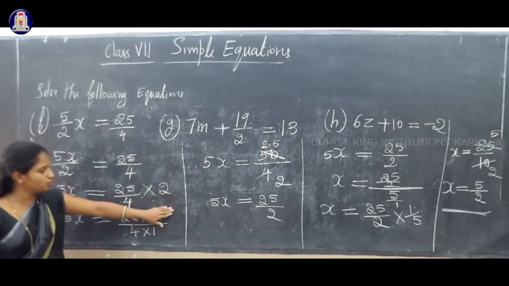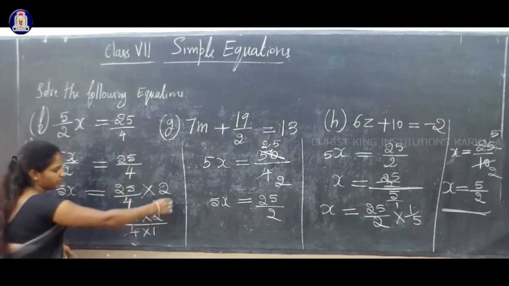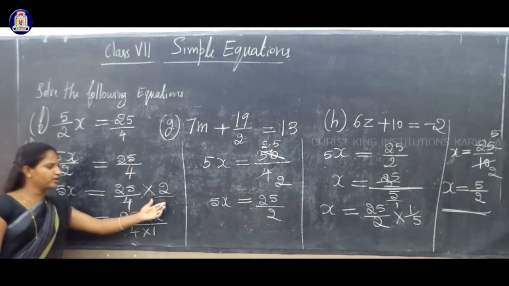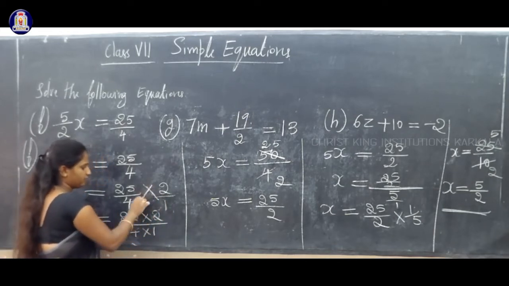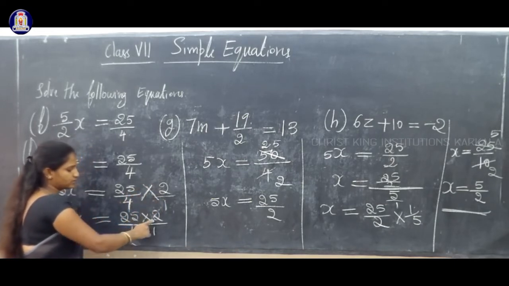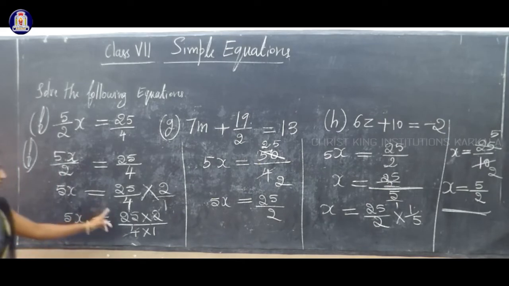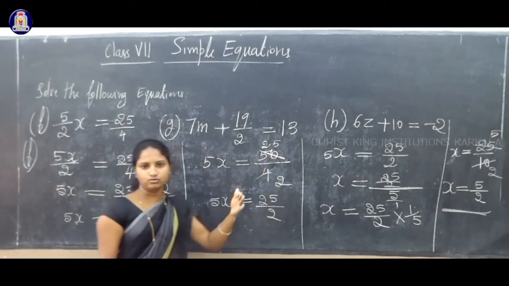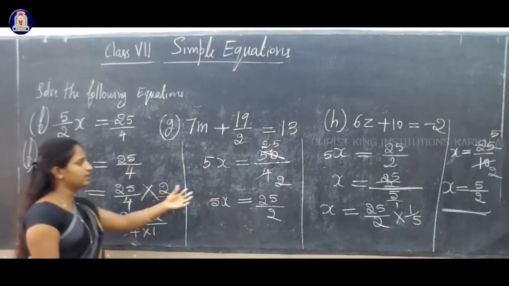Actually that is 2, but there is no denominator, so you can write 1 in the denominator. That is only for the calculation. Clear? No need of writing this, but for multiplication it will be easy. If you multiply like this, 25 twos are 50, and in the denominator we get 4 ones are 4.